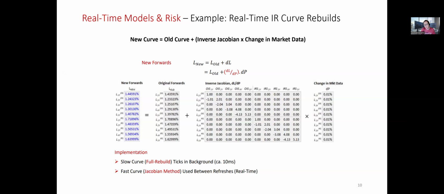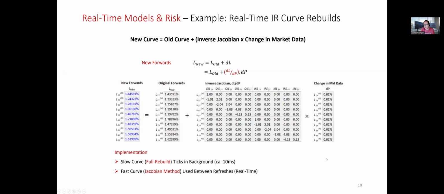Now, what some people do is they hold this Jacobian constant for the majority of the day, and if there's no sharp movements in the market, they'll just use the fast curve all the time, and maybe only do a full rebuild every hour or every half an hour. But if you do have the full curve available at a faster rate, why not use it, right?